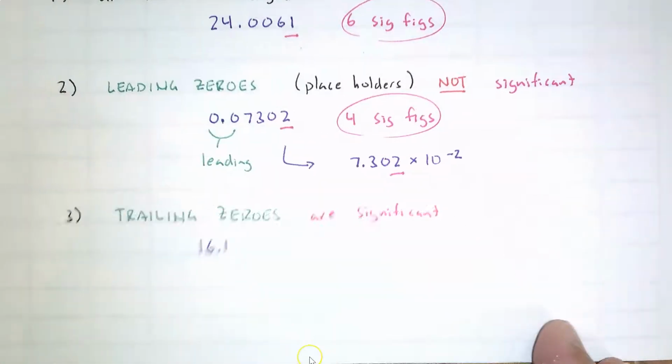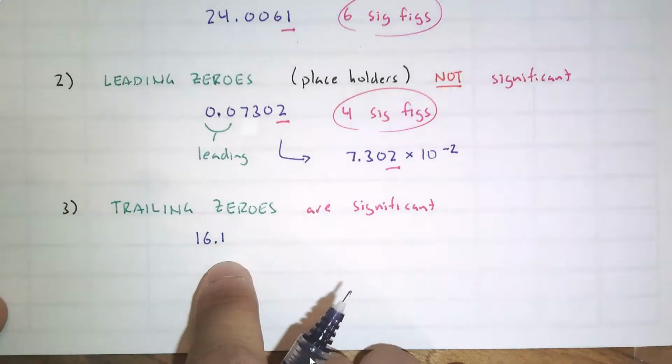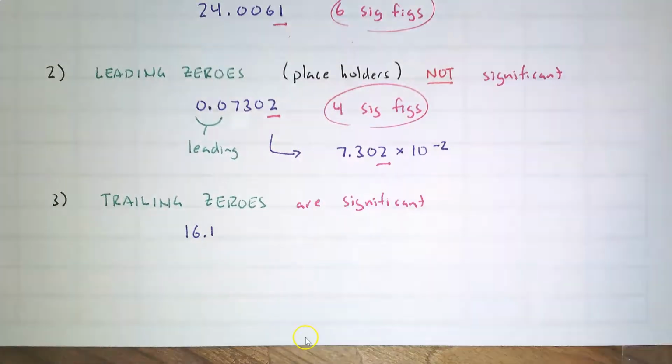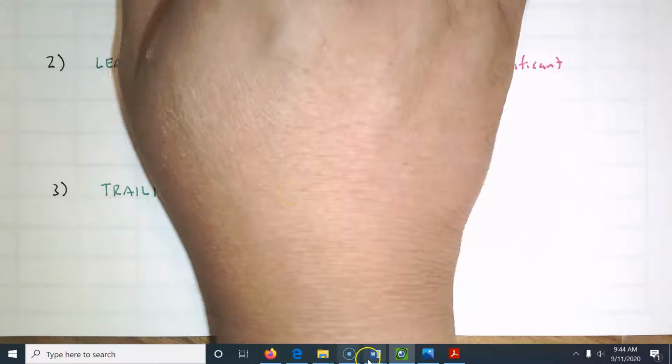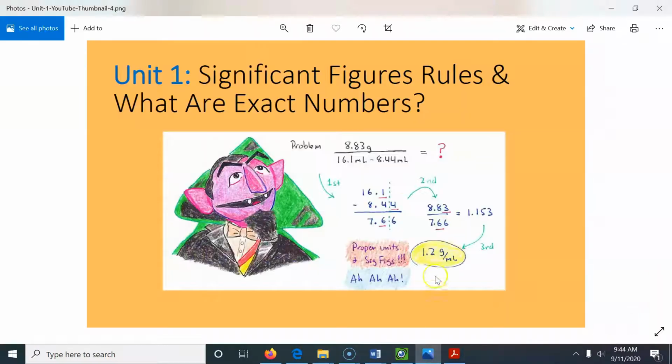16.1. I stopped there. If you recall from the cover, let's take a quick peek at that. See, I stopped at 0.1. I stopped at the 1. I didn't go further and add zeros because when I took this measurement, I'm not sure whether that's a 0 or not.